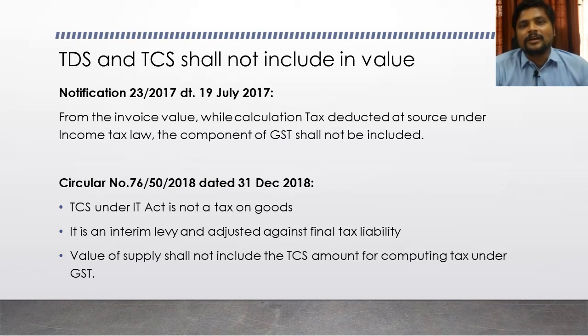The total invoice value will become 1,18,000 rupees. That is the total invoice value. Because of the TCS provisions, the supplier has to collect some more amount, called TCS, from the buyer. That may be either 1% or 2.5% as per the applicable rates. That amount will be over and above the invoice value.